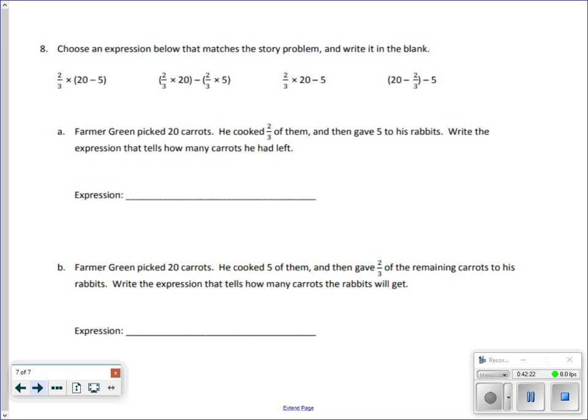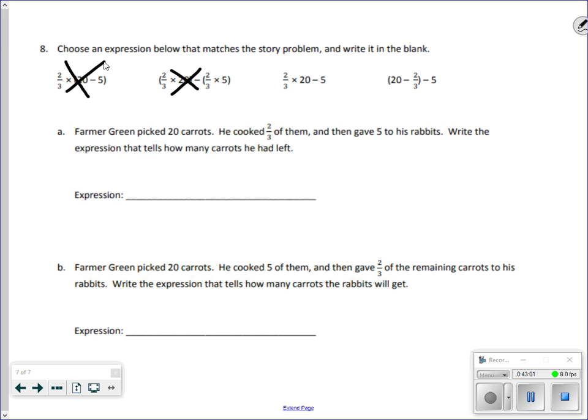He cooks 2/3 of them. So which one do we know it is not? We know it's not A. Okay, so we can take off A. I agree it's not A. Why is it not B? You can't tell me because. Because he's got 2/3 twice. So you have to decide between C or D.